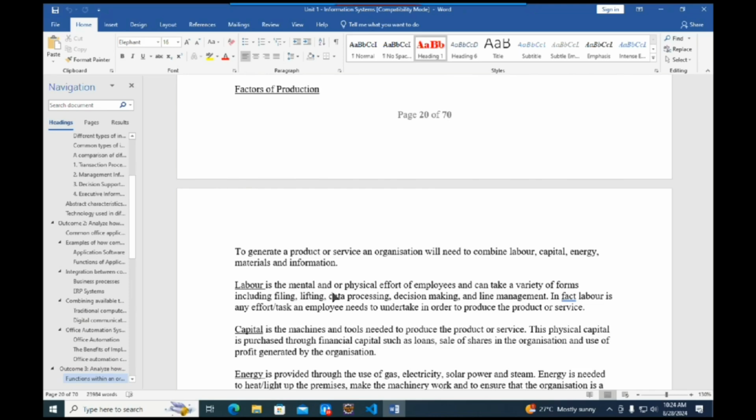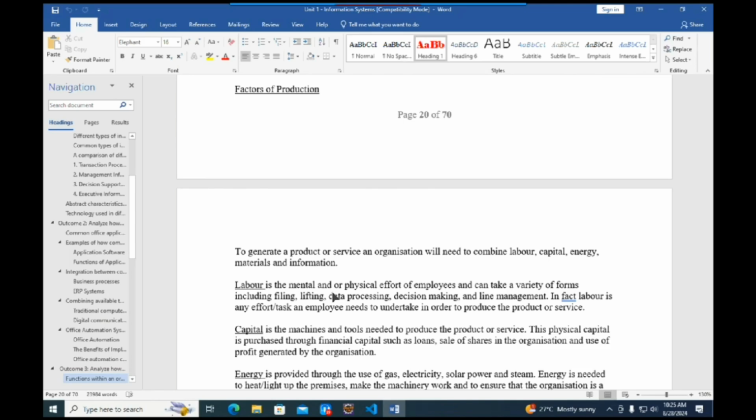One, the capital, that is the money and resources used to generate the products or offer the services. There is energy, there is labor, there are materials, there is information. All these are combined to enable the generation of a product or the offering of a service.